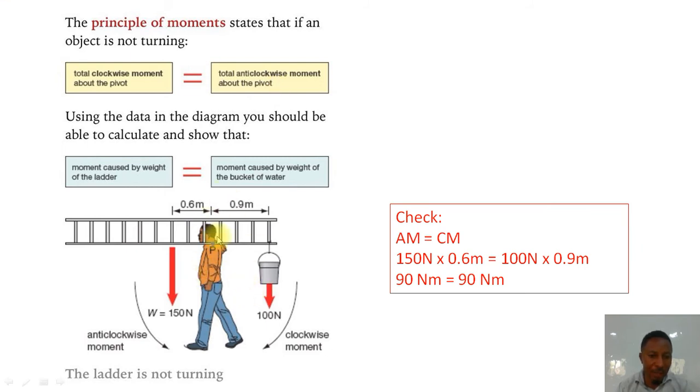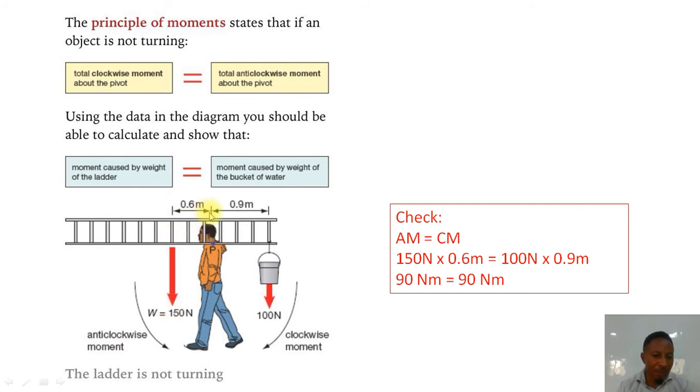Okay, like this guy here carrying a ladder, and on one end of the ladder we have a bucket of water. Now he may or may not be supporting it with the other arm. From the look of things here, he's not supporting it, and the ladder is balanced, not tilting, not moving down, not tilting to the right hand side or to the left hand side.